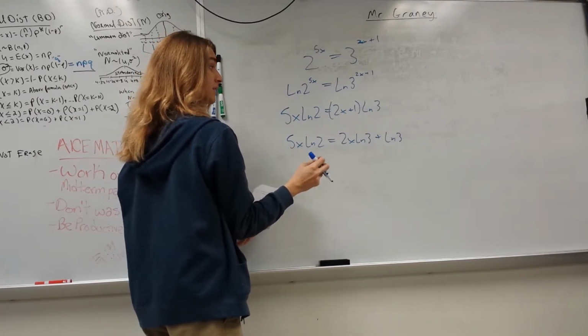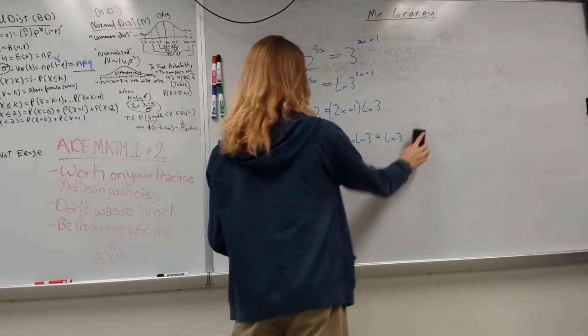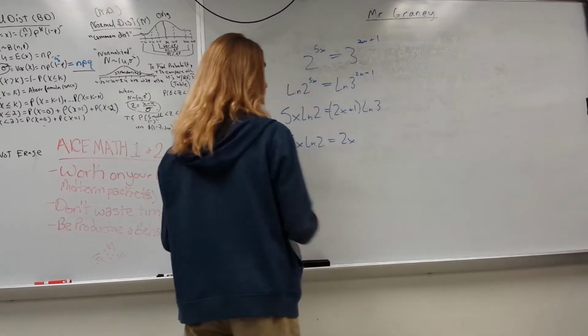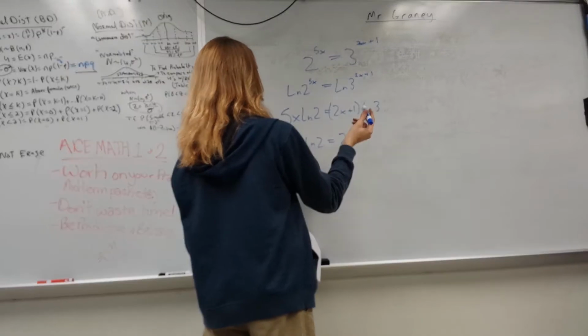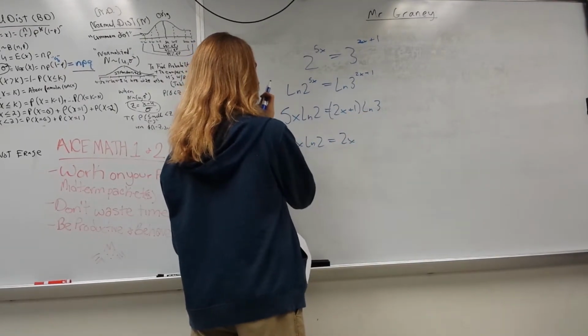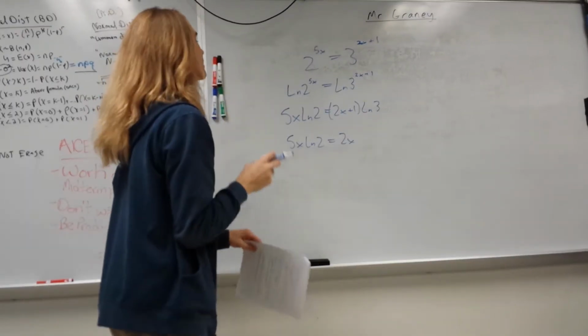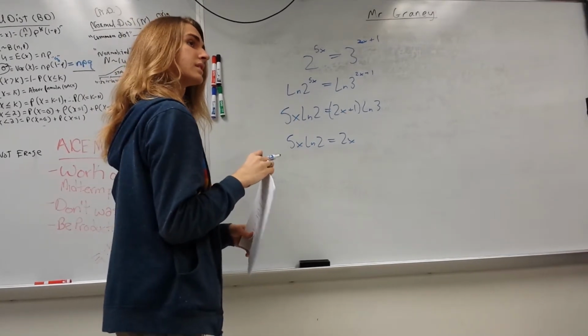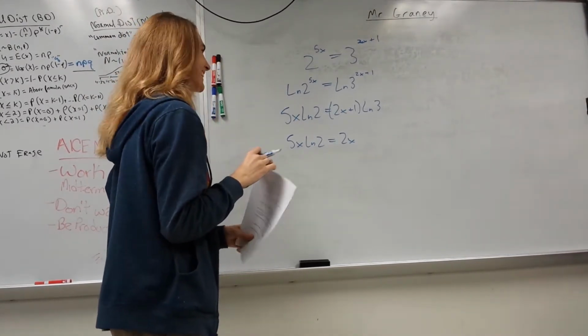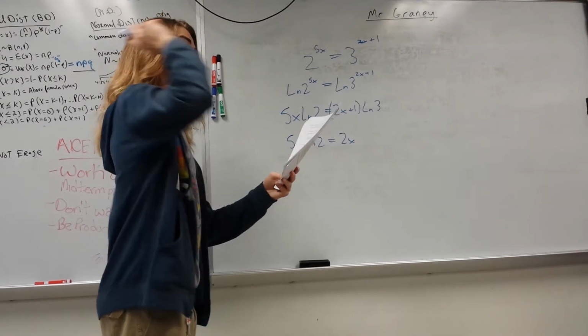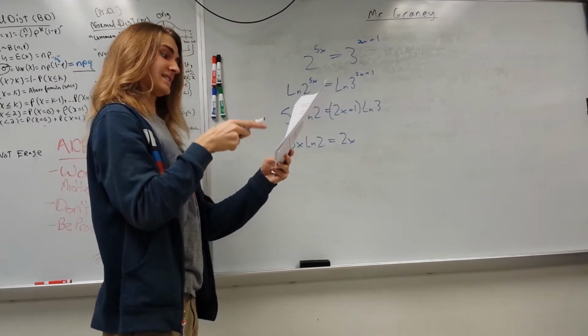I feel like it's not going to help us any, because that just makes it harder with the x. Can we just divide by this? Can you move the ln over or something like that?